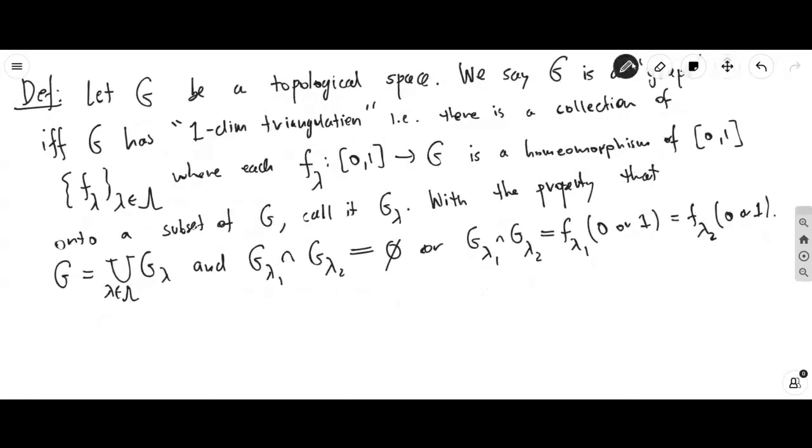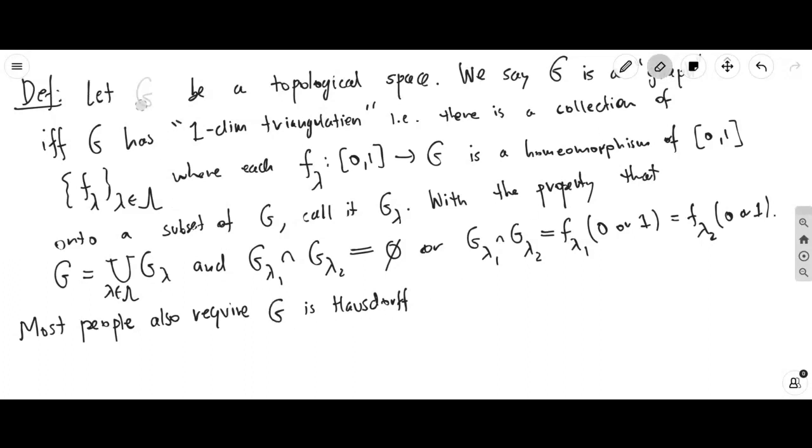Some people, I would say most people, also require that G is Hausdorff. I don't think we're actually going to need that, but some people will put the requirement that your topological space should be a Hausdorff space.